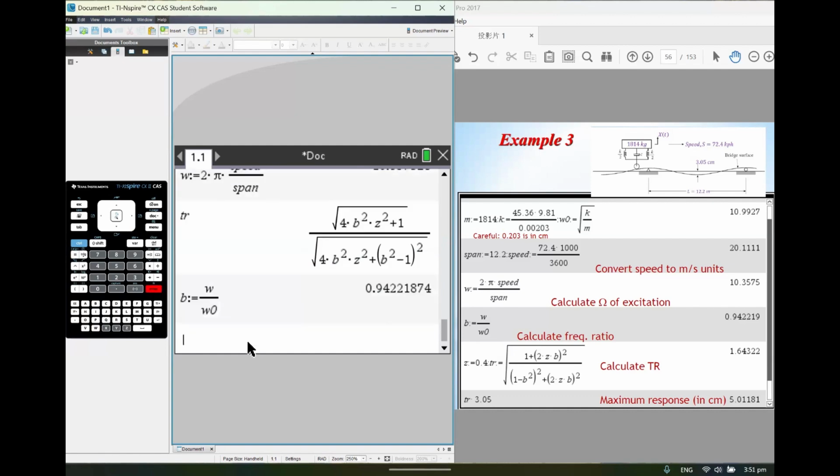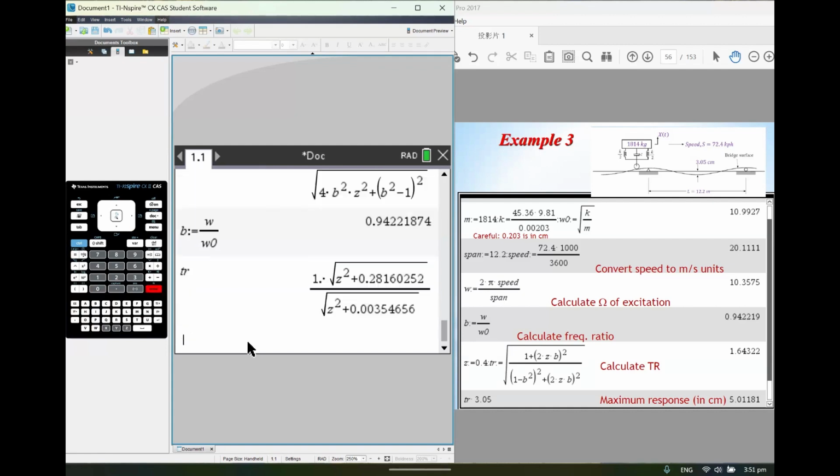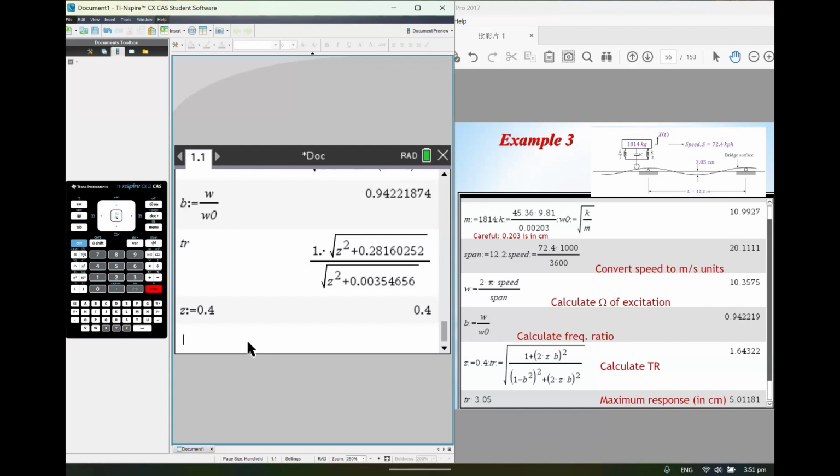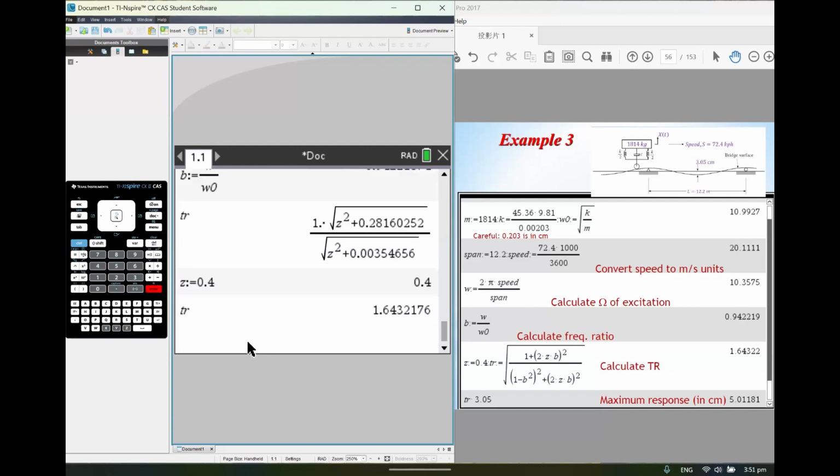So it's a numerical value here. Now let's check TR. It has become partly numerical. And then let's put in Z. The damping ratio is given as 40%. So that's going to change TR. TR is recalculated automatically. It's 1.6 something.